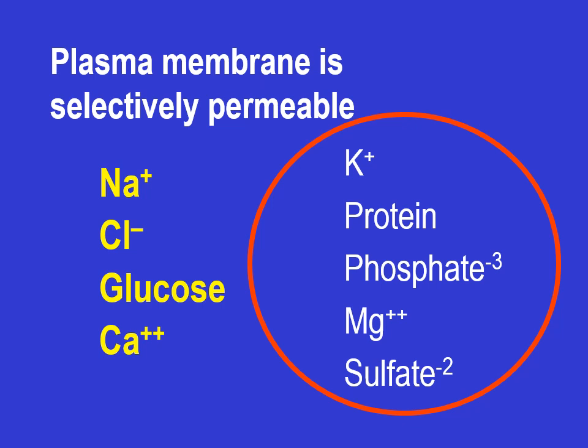Sulfates are also negatively charged. This difference in composition between the extracellular and intracellular fluids is necessary for the survival of the cell. If the plasma membrane should rupture and the fluids freely intermix, the cell will die.